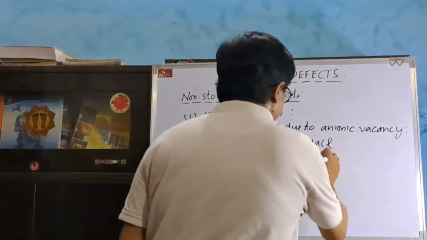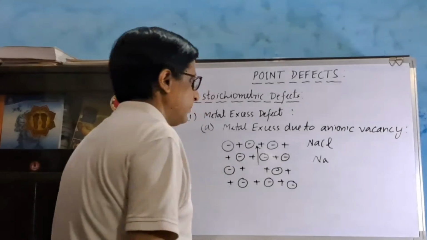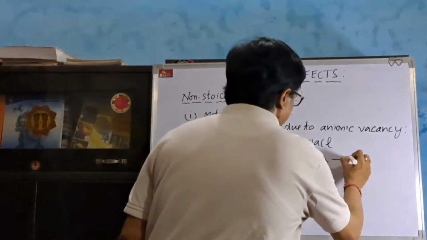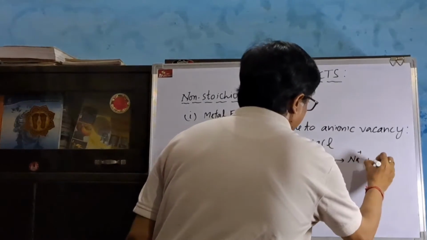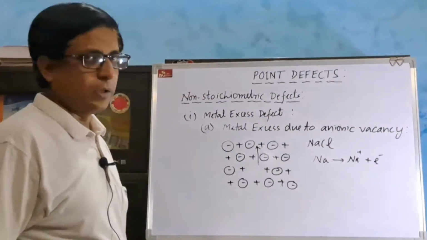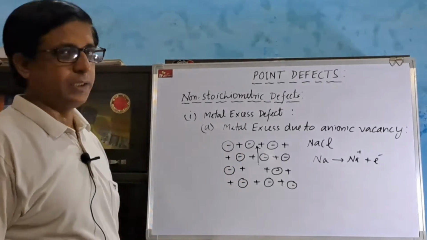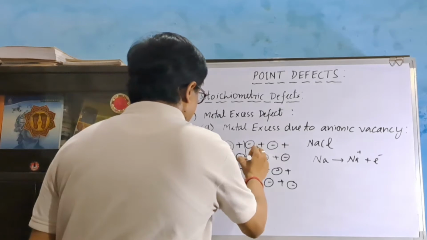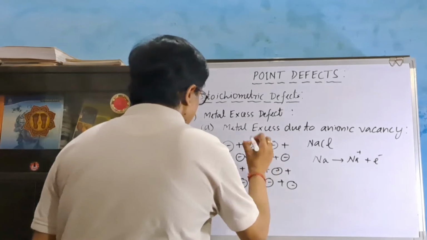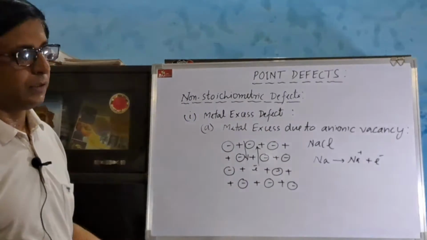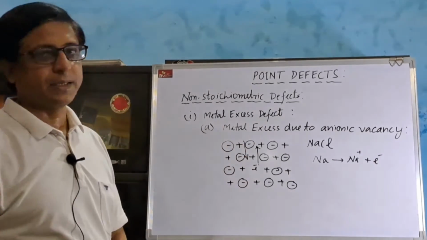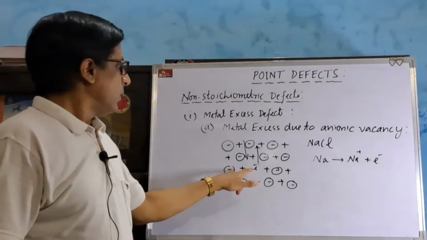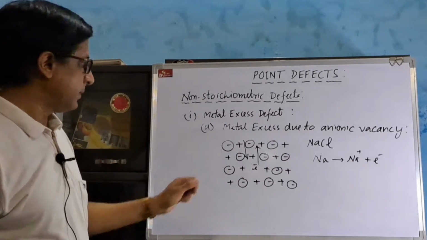In this process, the sodium atom deposited at the surface of the sodium chloride crystal gets ionized, and the electron generated during this process diffuses inside the crystal lattice and occupies the position of the chloride ion.